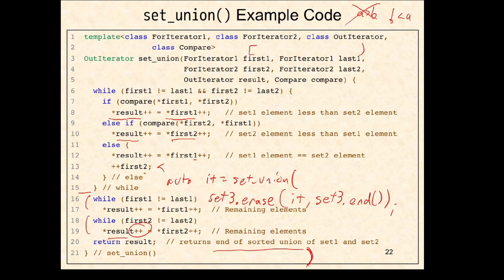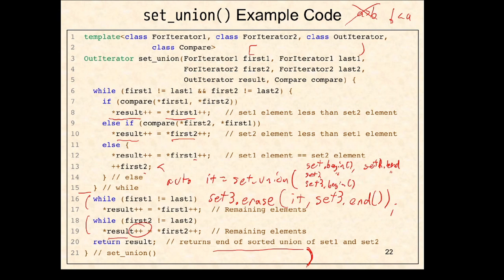Now what would I give this? I'd give it set 1 dot begin, or sorry, set 1 begin and end, set 2 begin and end. I'd give it the output iterator, set 3 dot begin is where to put it.